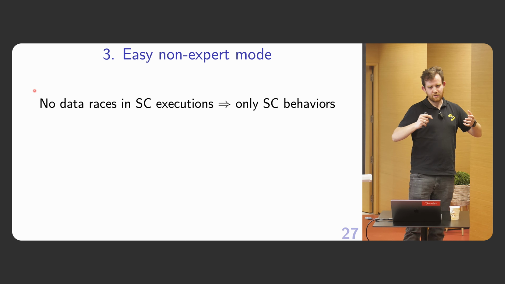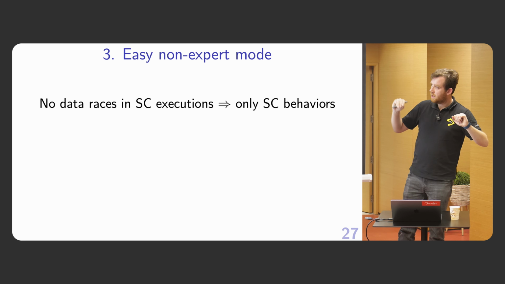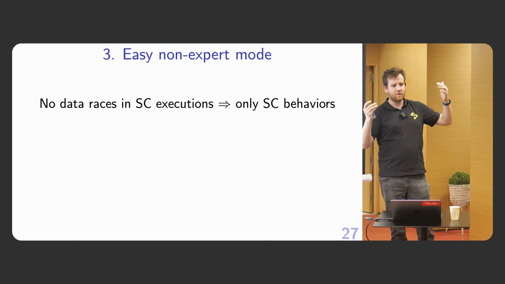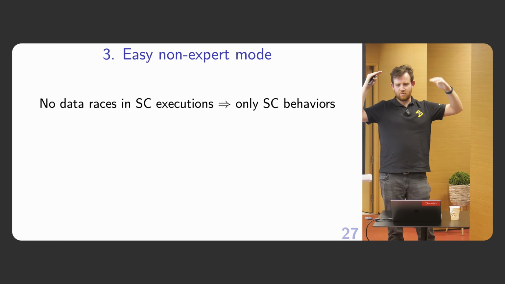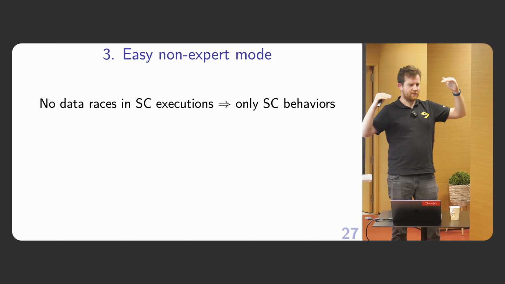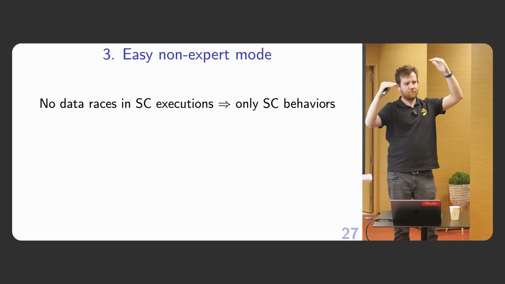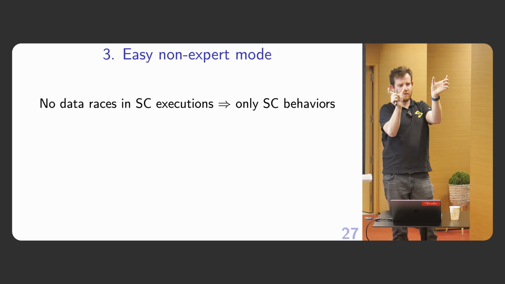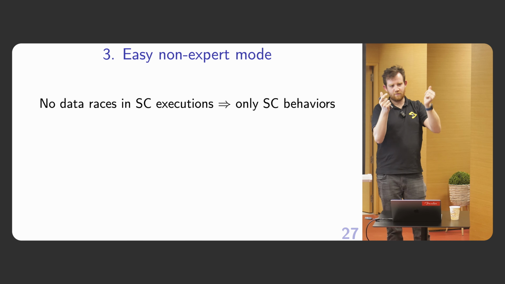As I said, a data race is two concurrent accesses to the same location, one of which is a write. In sequential consistency, two different accesses could be executed simultaneously if we execute step by step in different threads. It's a situation where we executed, for example, two threads up to two instructions, and these two instructions are exactly in conflict, so one of them is a write to location X and the other is a read from X.